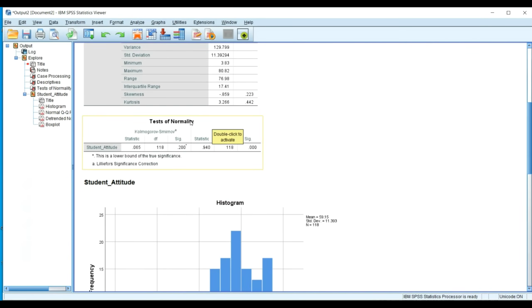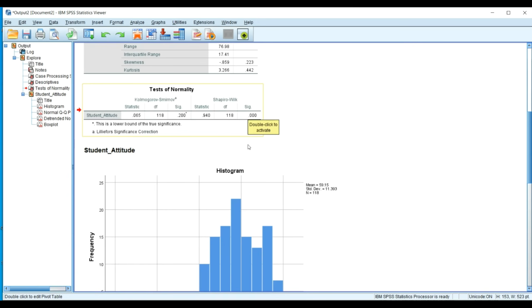So first of all, look at that. We are violating the first assumption of the three-way ANOVA test. First is the test of normality. You can see the sig value for the Shapiro-Wilk test is statistically significant. So when the sig value is not greater than 0.05, it means that this dependent variable data is not considered normally distributed.